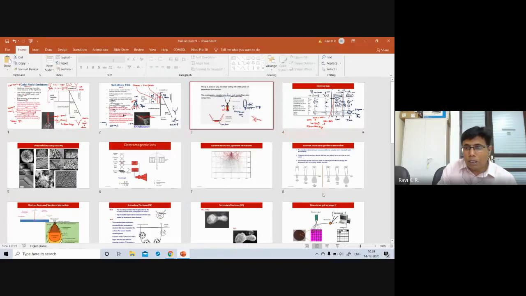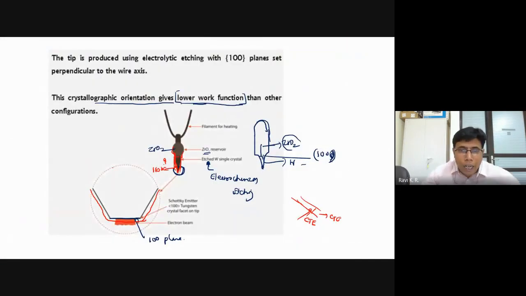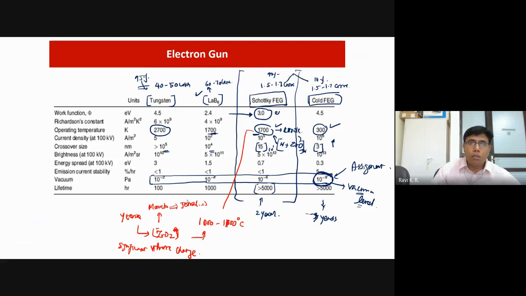See the question is, here the electron is released not from the tungsten. In cold phase, the electron is released from tungsten. What is happening here is the electron is released from the ZrO2 or ZrOx. That is the reason if you look at both the cases, the filament material is tungsten, but the work function is different.